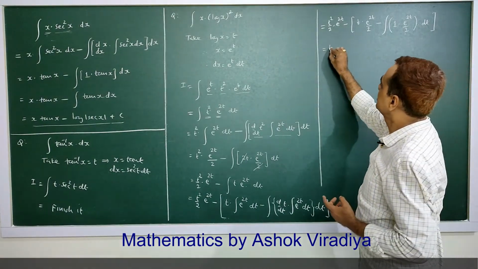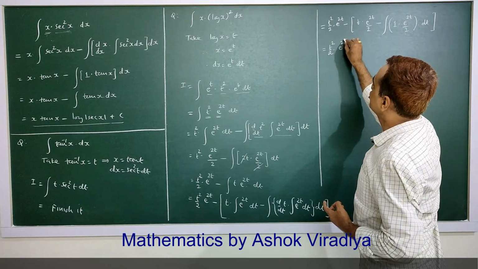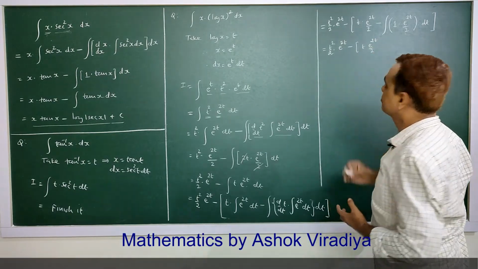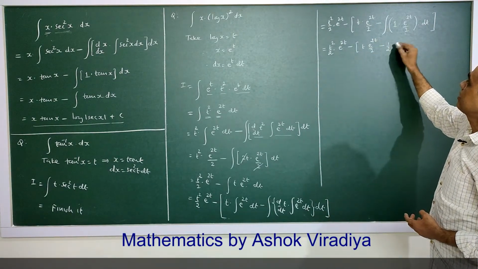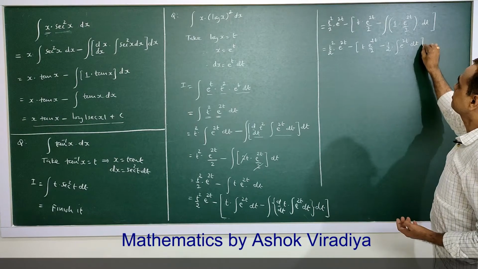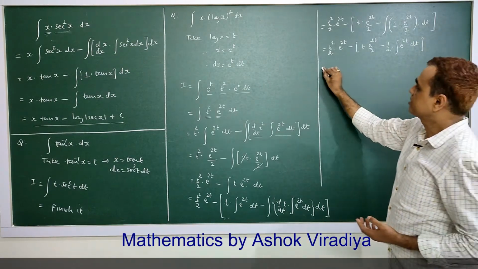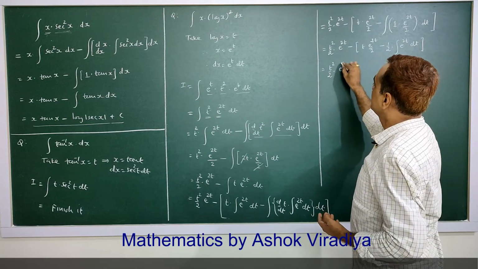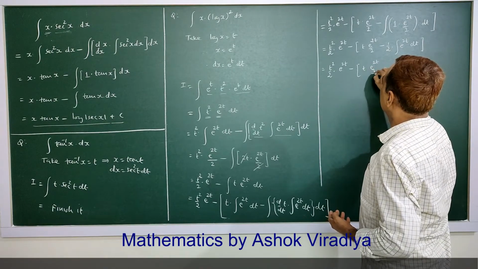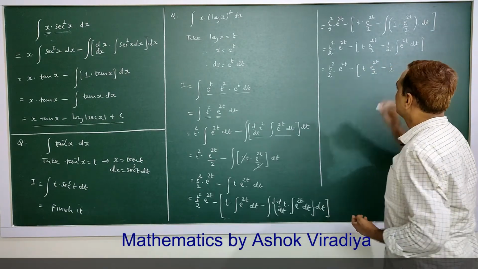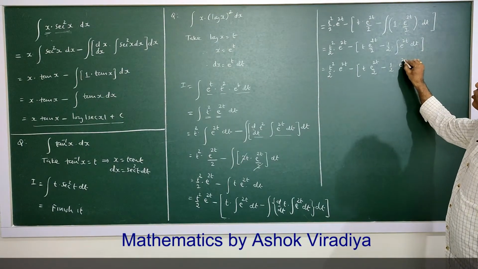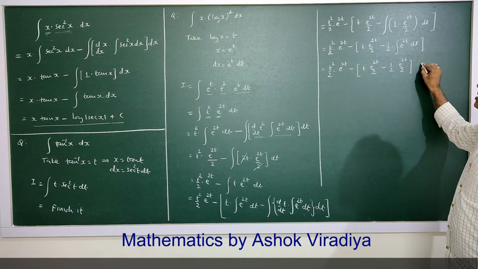So this is t square by 2 e raised to 2t minus t into e raised to 2t by 2 minus 1 by 2, take outside, integral of e raised to 2t dt. So that is t square by 2 e raised to 2t minus t into e raised to 2t by 2 minus 1 by 2 into integral of e raised to 2t, which is e raised to 2t upon 2, lastly put plus c.